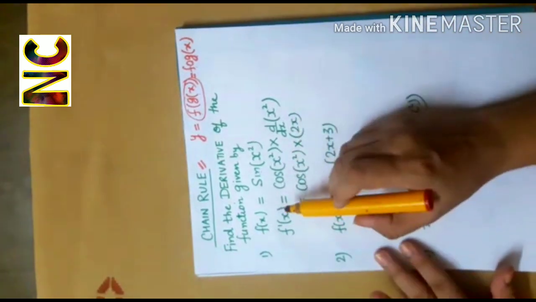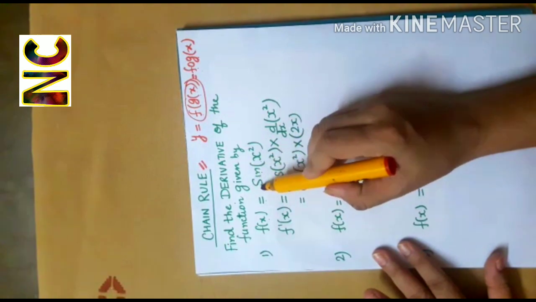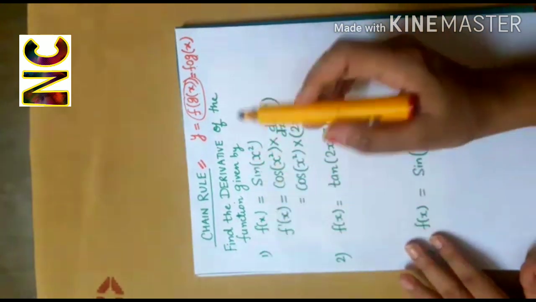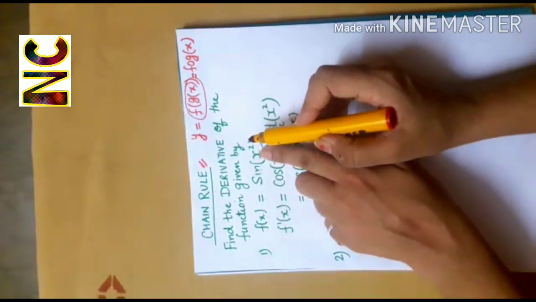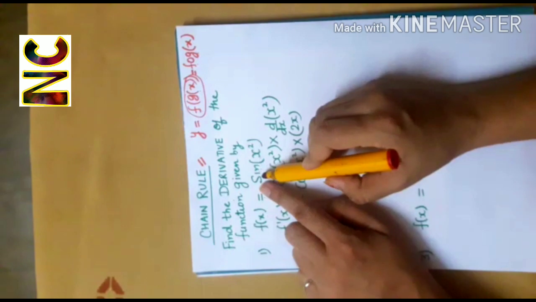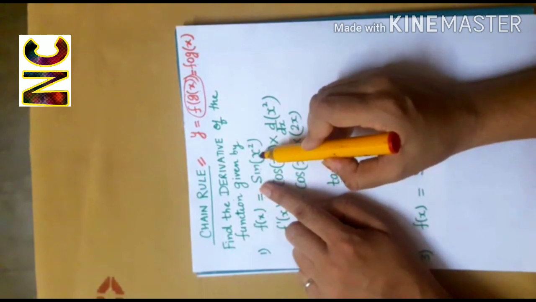So, chain rule says, first compute the derivative of the outer function without changing the inner function. That is, compute the derivative of the outer function with respect to the inner function.